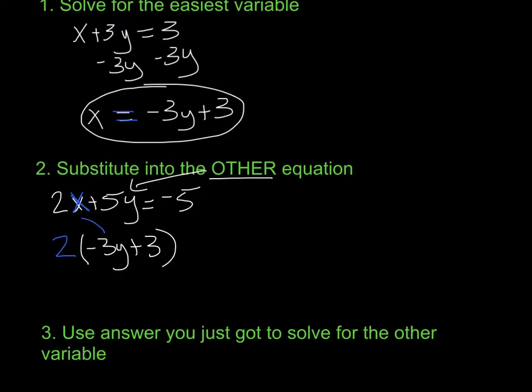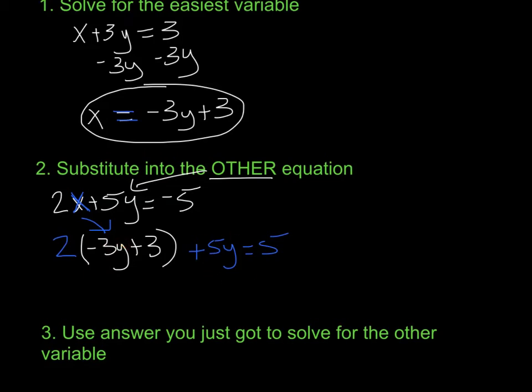So that right there is the same thing as x. So I haven't really changed my equation. Plus 5y equals negative 5. Now here's what's interesting. After I make that substitution, I am left with an equation that has exactly one variable, a y. So this is something I can solve.